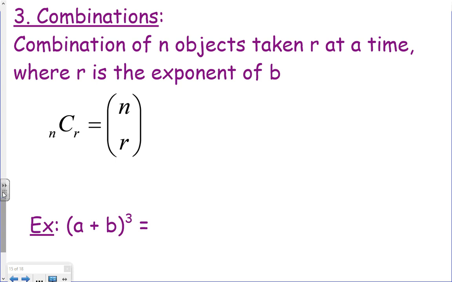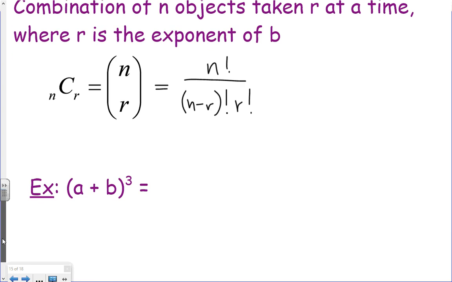So n choose r, that's one way to write it. The other way we're going to write this is n over r in parentheses like this. That also means a combination. Remember what this means: this is n factorial divided by n minus r factorial times r factorial. That's what this means if you want to write it out as a factorial.